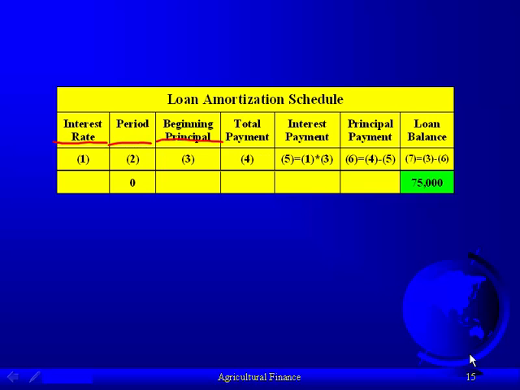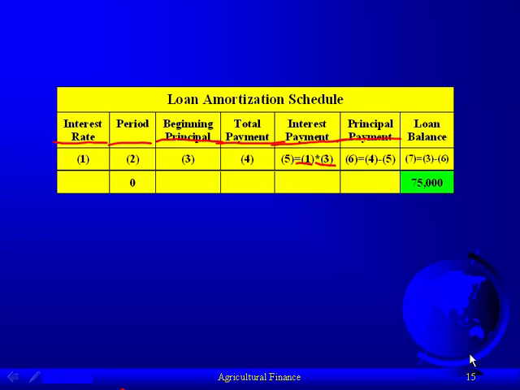For column 3, we have the beginning principal amount, how much money we owe at the beginning of the period. Then we have the total payment, which we just calculated. Then we have the interest payment, which is column 1, the interest rate, times column 3, the outstanding principal amount.